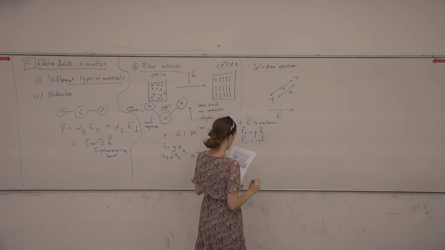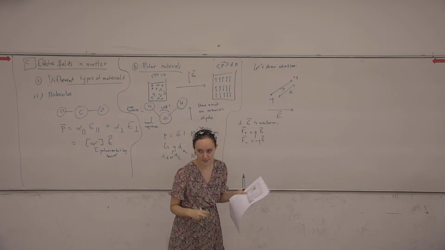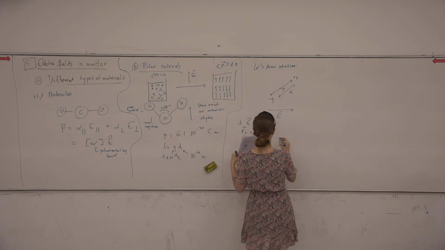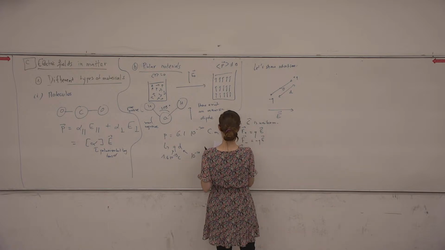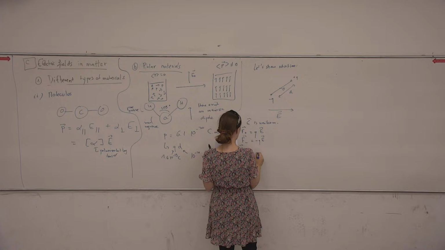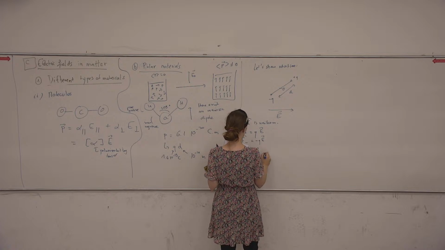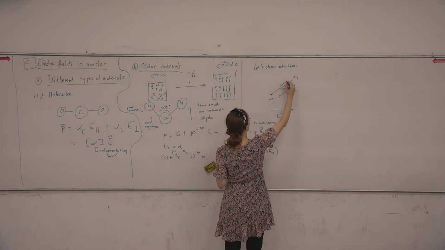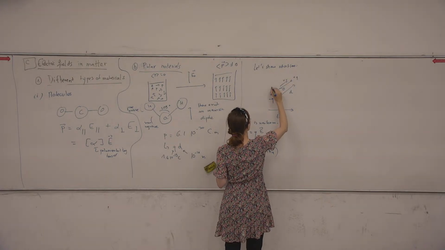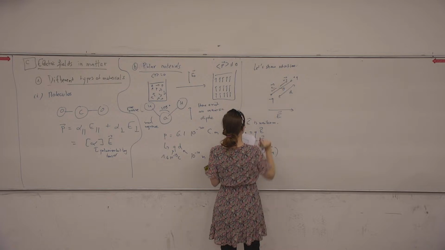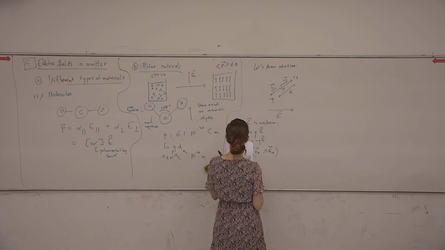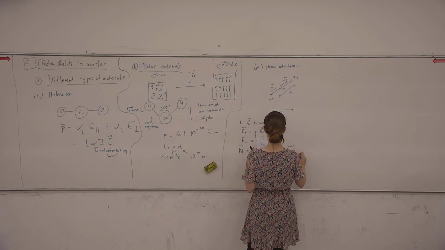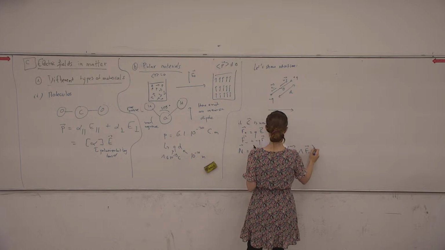So the forces cancel, but I have a torque N, which is equal to R plus cross F plus, where this is R plus, and this is R minus, plus R minus cross F minus.